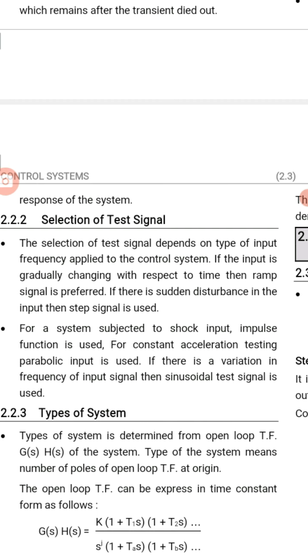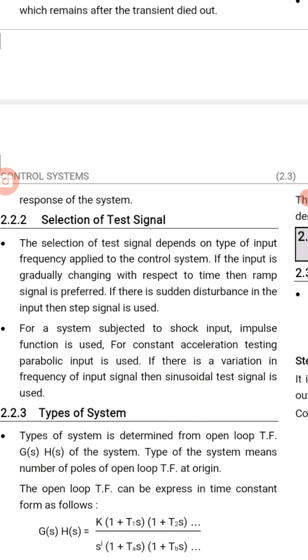The selection of test signal depends upon the type of input applied to the control system. If the input is gradually changing with respect to time, then a ramp signal is preferred. If there is a sudden disturbance in the input, then a step signal is used. For a system subject to shock input, the impulse function is used.